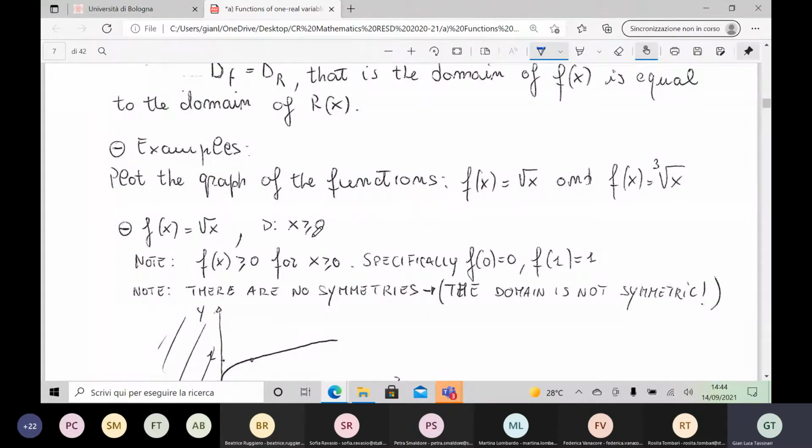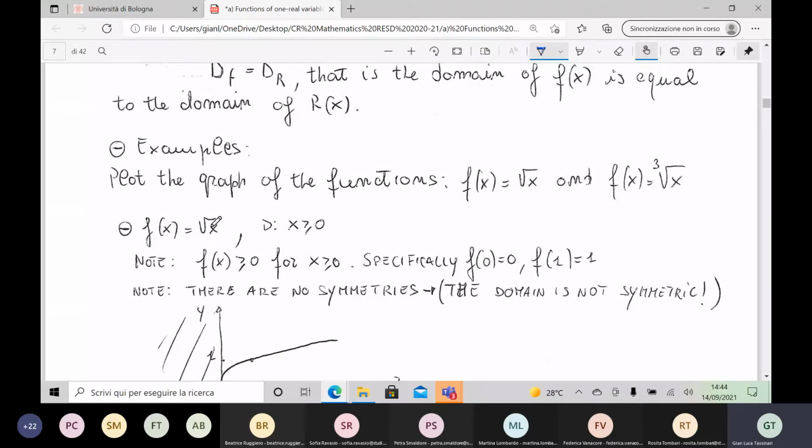Why? Because the domain is not symmetric, since this function is defined only for x greater or equal than 0. So this is not at all symmetric. Since the domain is not symmetric, it does not make sense to search for symmetries. Furthermore, the domain is x greater or equal than 0, so does it make sense to search for the value of f when x is negative?